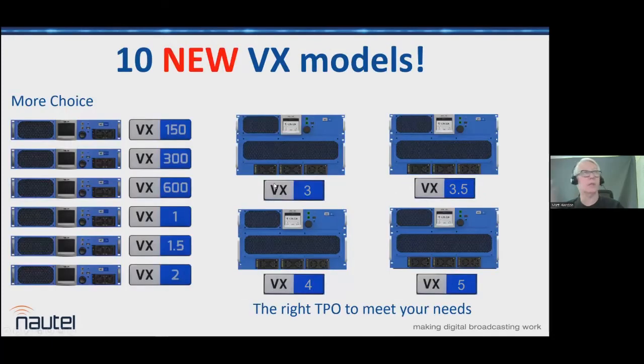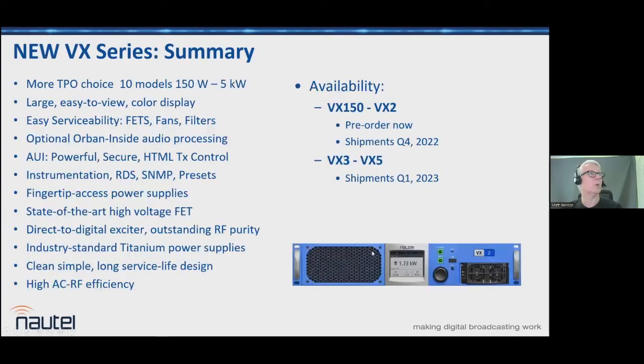So basically, you're looking at a full range of 10 models, going all the way from 150 watts up to 5 kilowatts, which gives you a huge amount of flexibility in picking the right one, as we've mentioned before. In summary, you can see all the bits and pieces here. But more importantly, on the right here, we've got the availability. We expect to have these ones shipping in the last quarter of this year, up to 2 kilowatts.